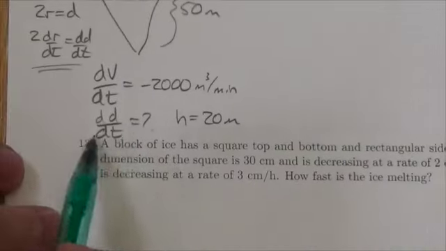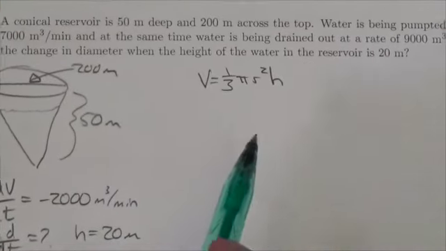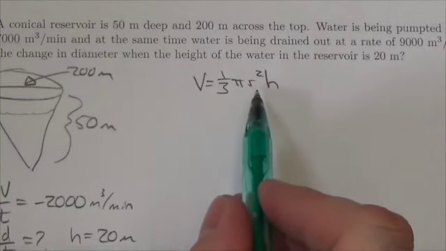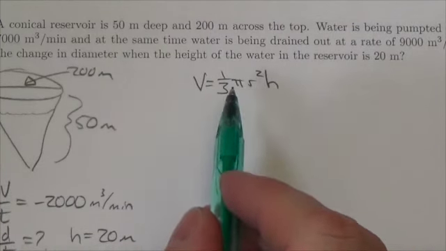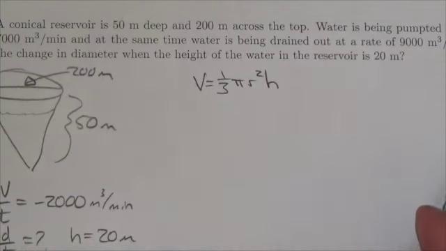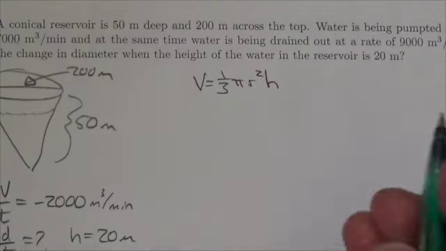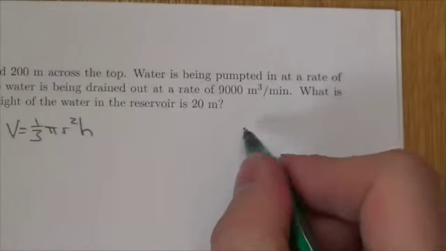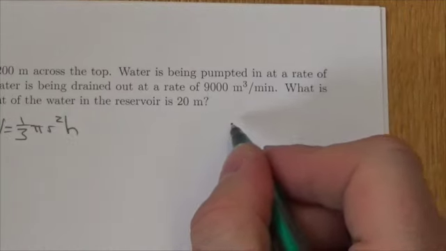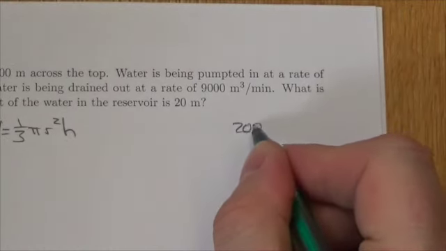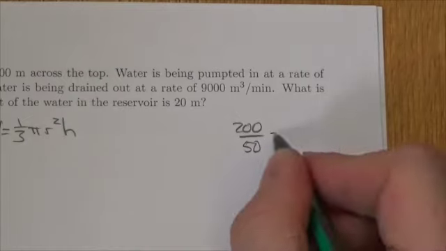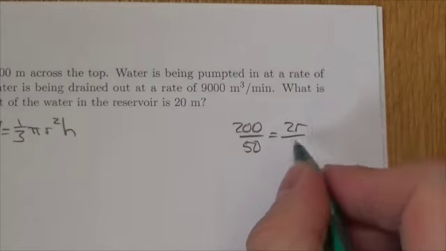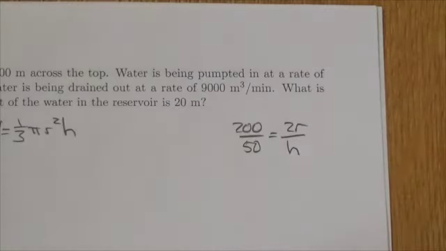This question is ultimately asking for the rate of change of the diameter, but my expression is in terms of the radius. Because of that, I really want to get rid of the height variable. I know that a proportion exists here. The diameter of the cone, 200, compared to its height, 50, will equal twice the radius of the cone compared to its height.